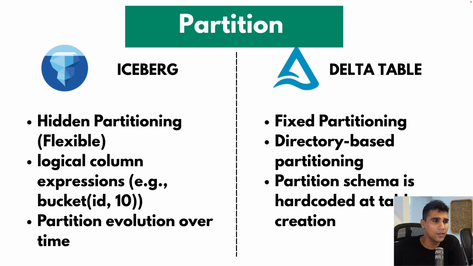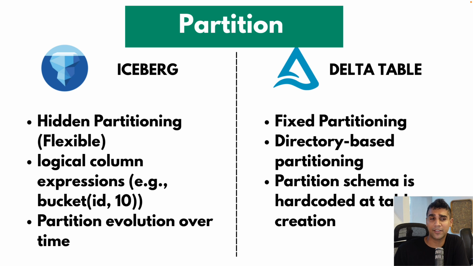Partition wise, maybe we can explore this more later on, but there's maybe a slight advantage for Iceberg. Iceberg has something called flexible hidden partitioning, which looks like a logical column expression, as in the example shown here. Whereas in Delta table, it's a Hive style fixed partition.